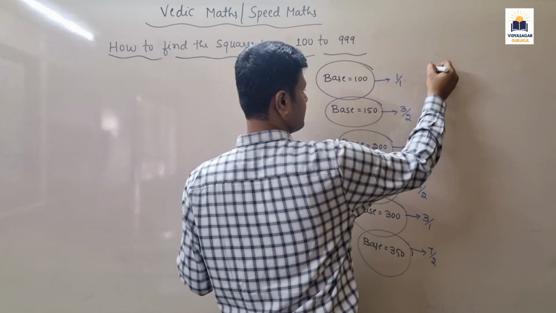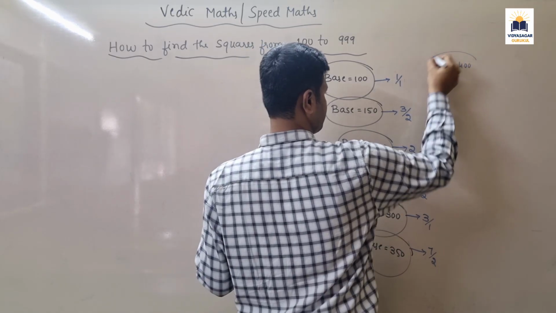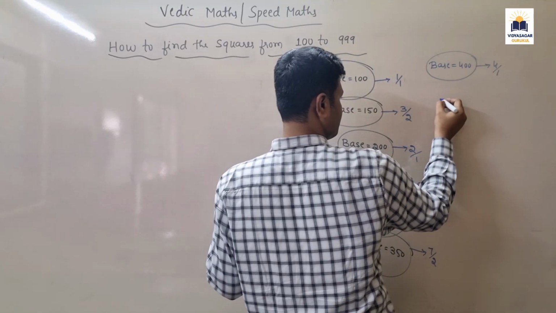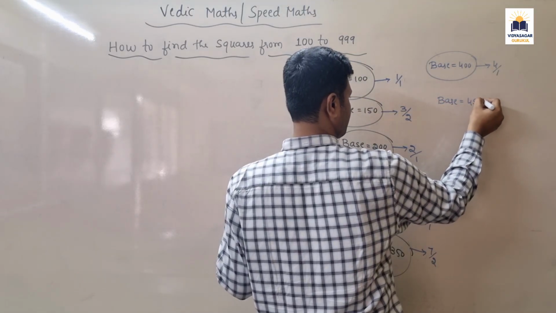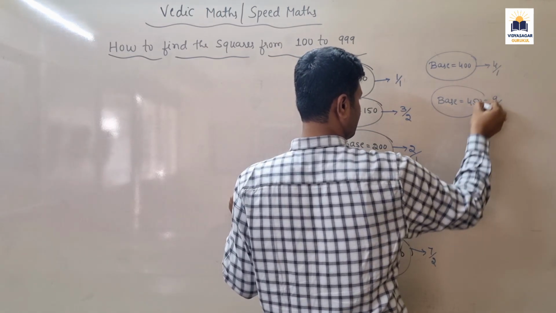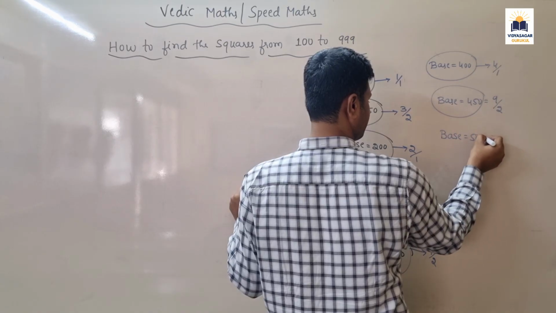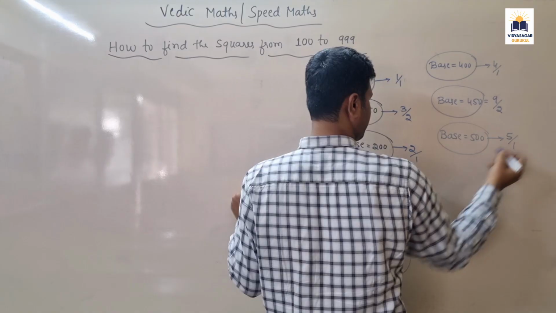Like that, if I am talking about base 400, the 400 base will be how much? 4 by 1, and base 450 can be written as 9 by 2, and base 500 can be written as 5 by 1.